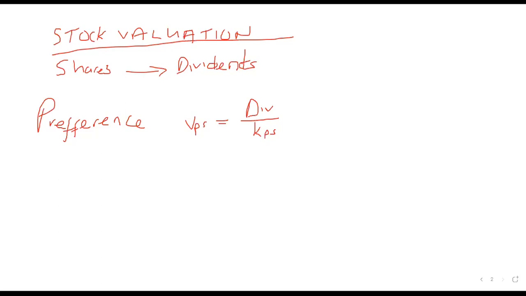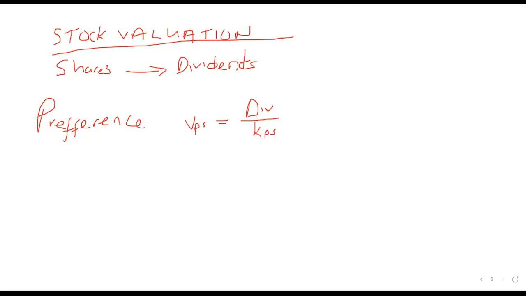Who are preferred shareholders, and who are ordinary shareholders, and who are common stockholders?